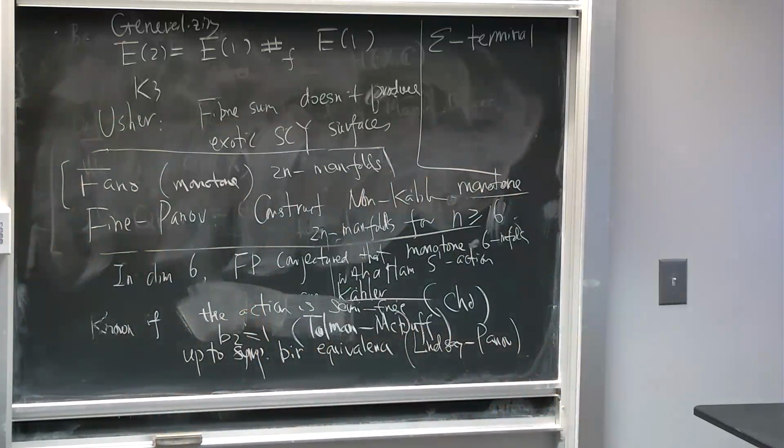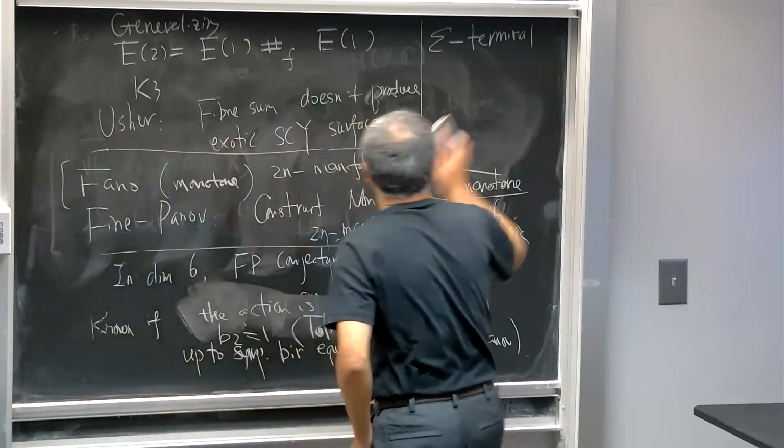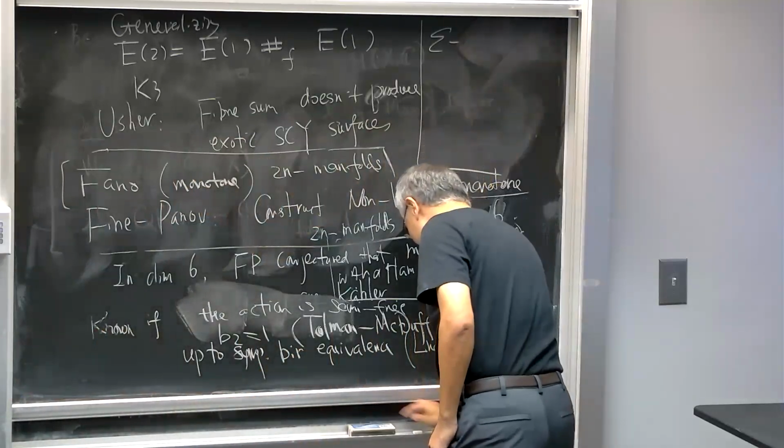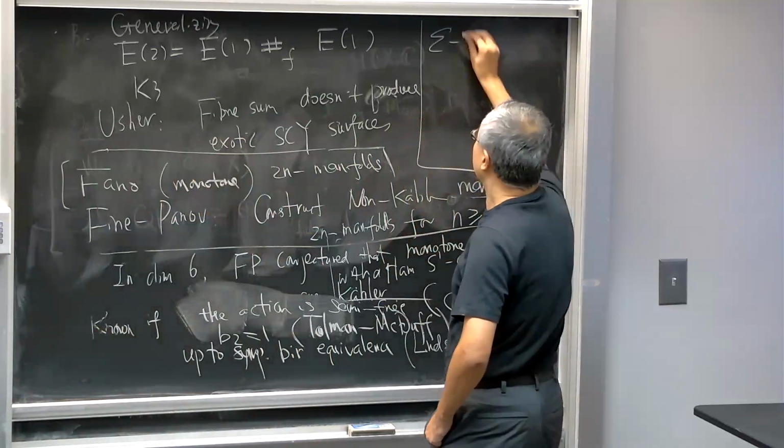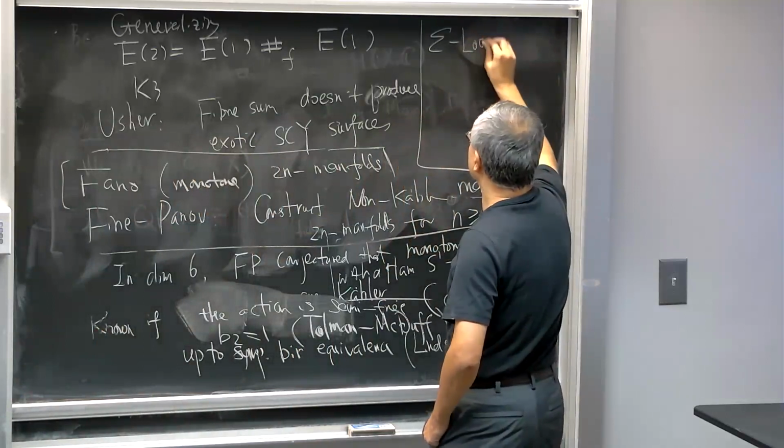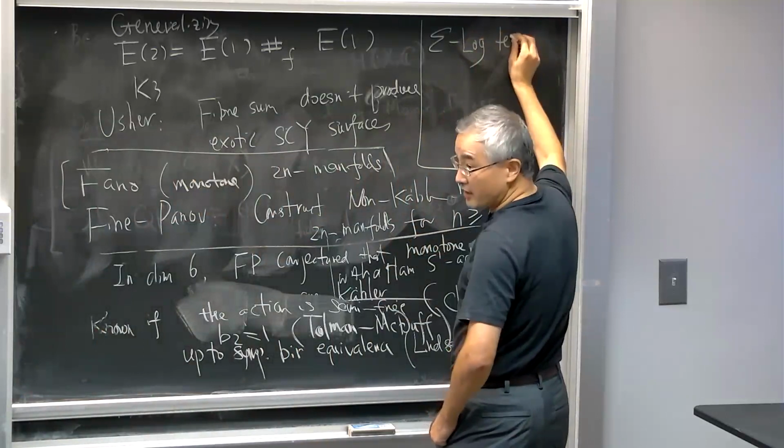Okay, so epsilon log canonical. It's a bit stronger than terminal. So it's epsilon log terminal, not log canonical.